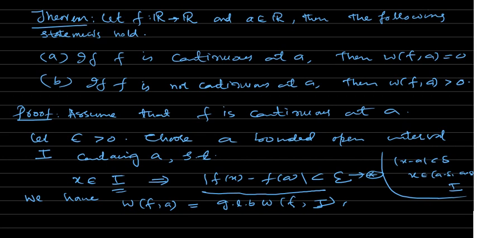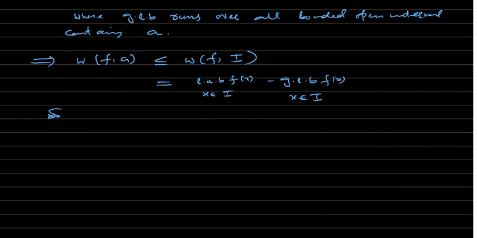So, by star, |f(x) minus f(a)| is less than epsilon. It's only true when x is in I, so you can apply the star as x is in I.